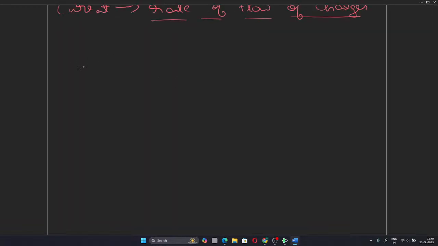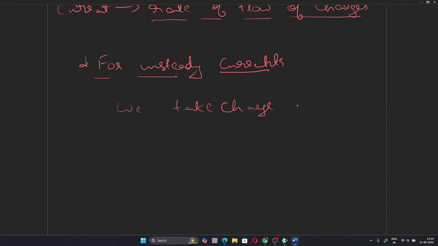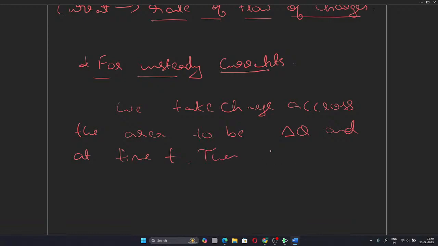For unsteady currents, we take the charge across the cross-sectional area to be delta Q at time t, and consider the change in time as delta t.